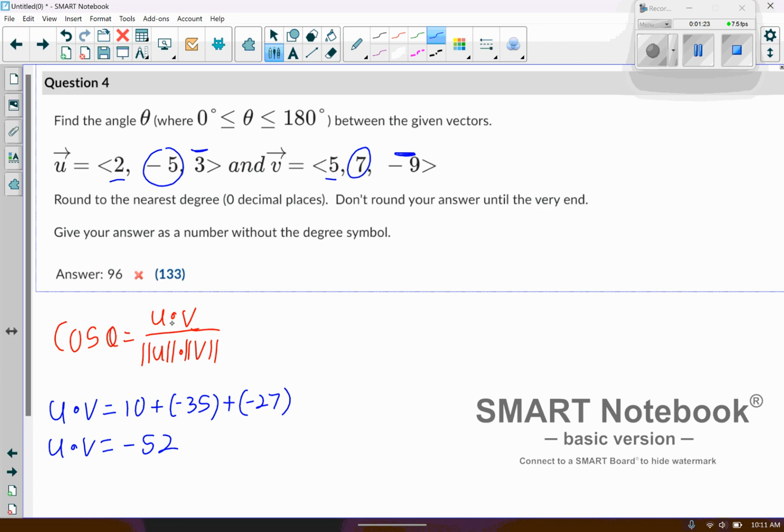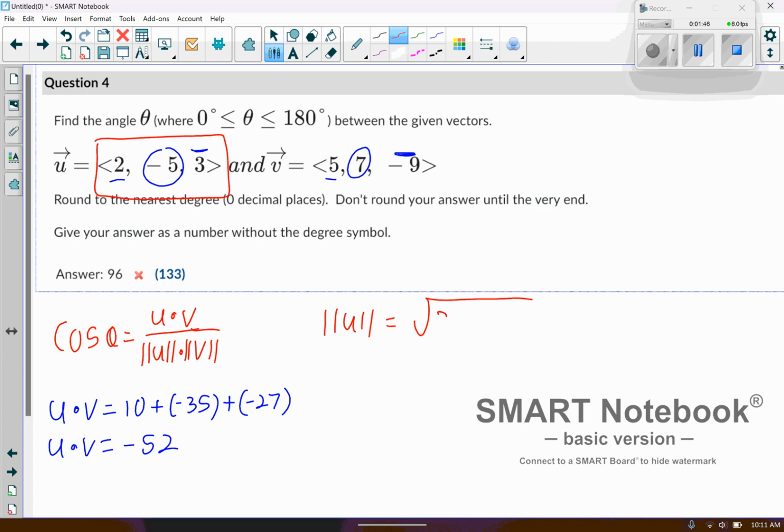Then to find the magnitude, it is equal to the square root of the dot product of the vector upon itself. So the magnitude of u is the square root of the dot product of u with itself.